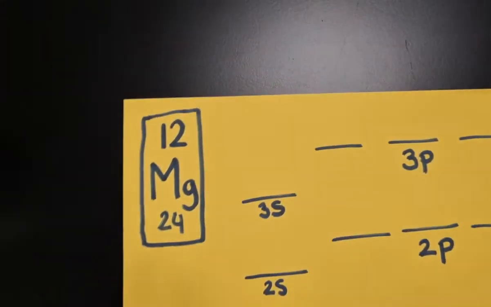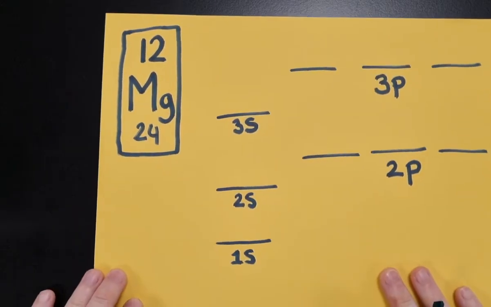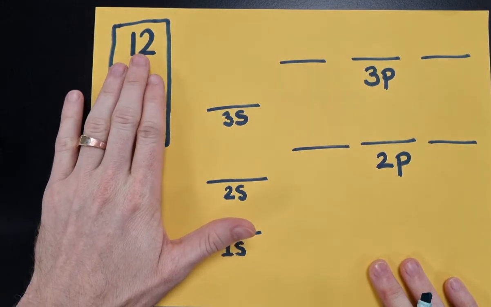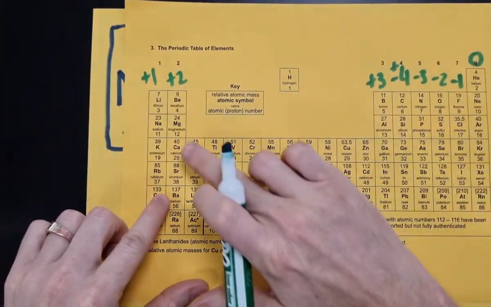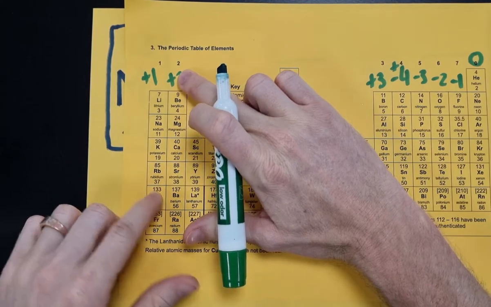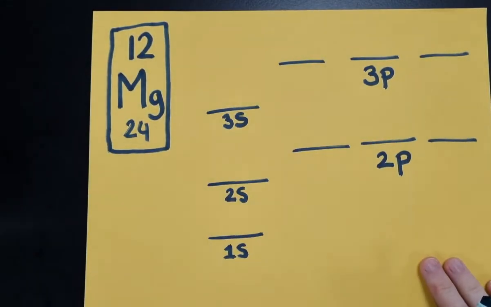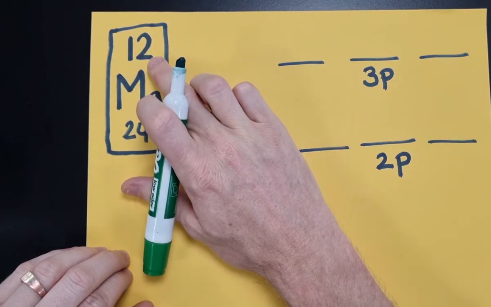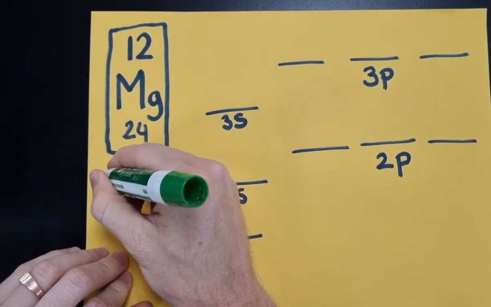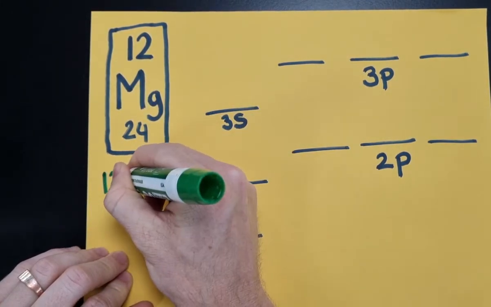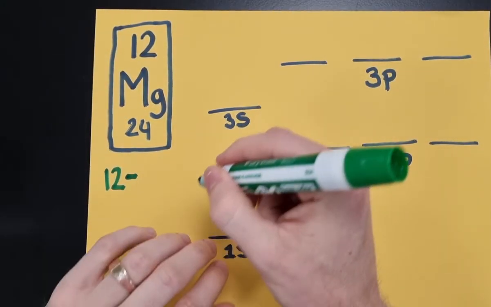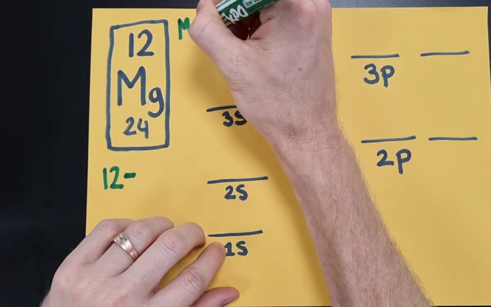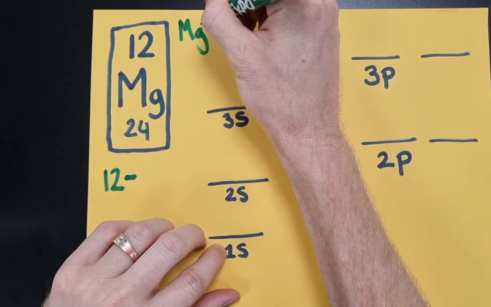So this time we'll look back at our magnesium from the previous lesson. Last time we saw magnesium was a 12. Well, if we look at magnesium on our periodic table, we know that the ion for magnesium is in the +2 column. So we take our atomic number, that 12, subtracting what our charge is, in this case magnesium, so Mg is a +2.